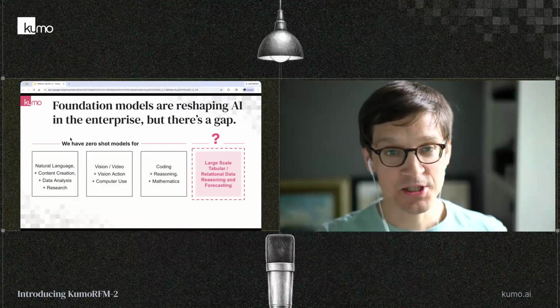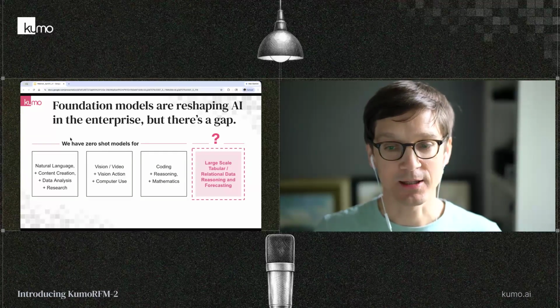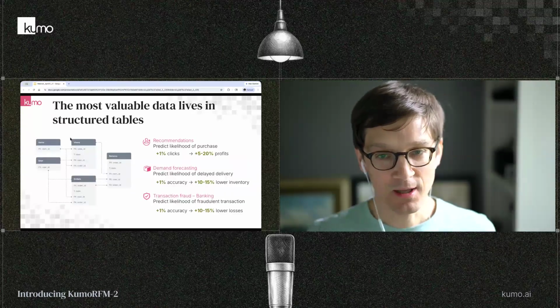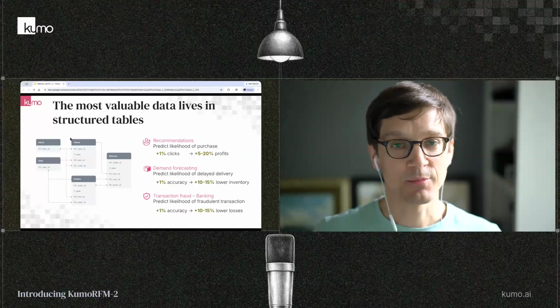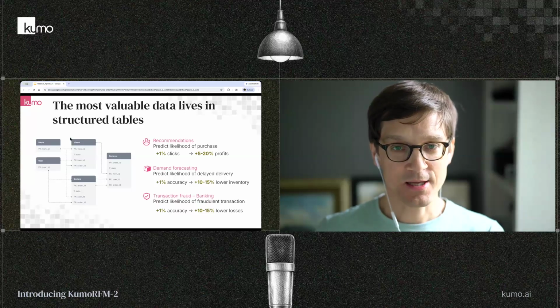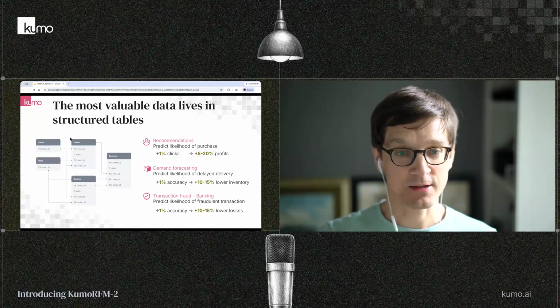But what is missing in this picture of different data modalities are the large-scale models that are able to reason over structured tabular data. And the reason why this structured tabular data is so important is because most valuable data in the enterprise lives in structured tables. Every organization has a set of customers, a set of transactions, a set of orders, a set of products.